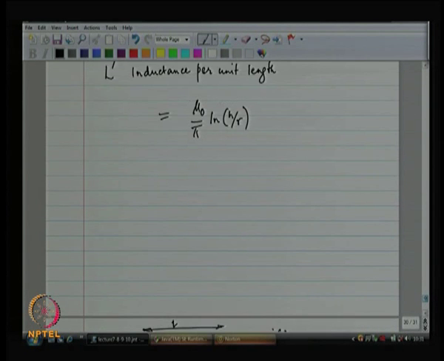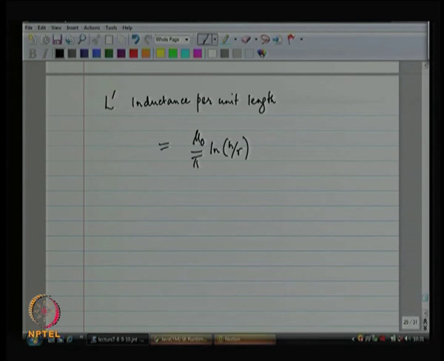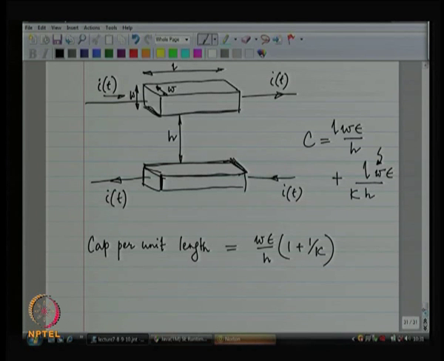The earlier conclusions were, when we were doing inductance, that as the separation between the two wires increases, inductance increases. The radius of the wire decreases, inductance increases. What are the conclusions now?